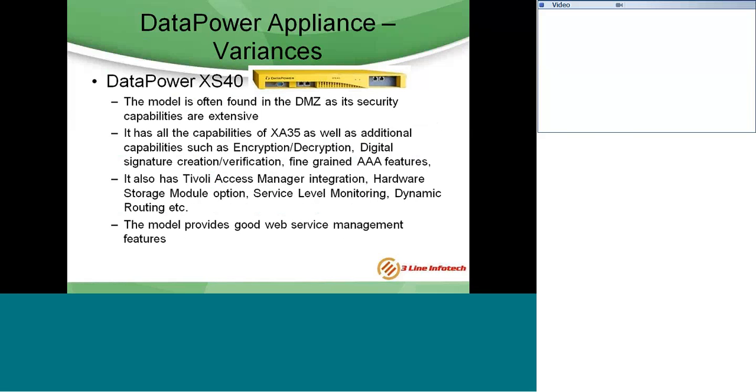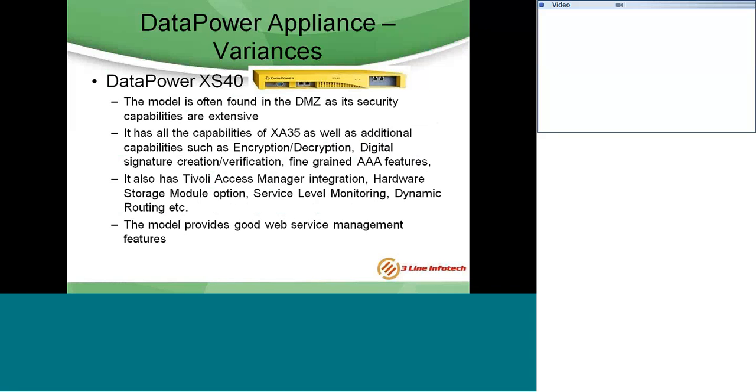So this is another important appliance model, which is XS40. XS means security. That's why it's a security appliance. It's built on top of the XA35 appliance, and its color is yellow. So it has all the features of the XA35 appliance, and also has additional encryption, decryption, signature creation, verification, and AAA features.